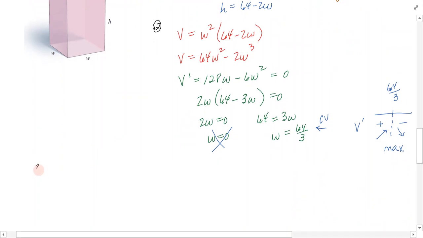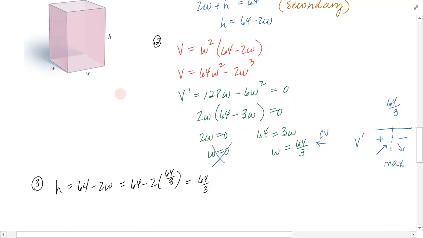So that's the third thing that we want to identify here in this problem. For the dimensions, we already know what W is, but we can use our equation from back up at the top that said H was equal to 64 minus 2W to determine what the height of our box is supposed to be. So we would take that 64 minus 2 times 64 thirds. And when we plug that into a calculator, we're going to find out that 64 minus this fraction ends up being actually 64 thirds.